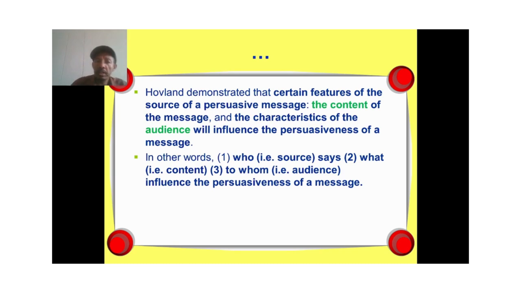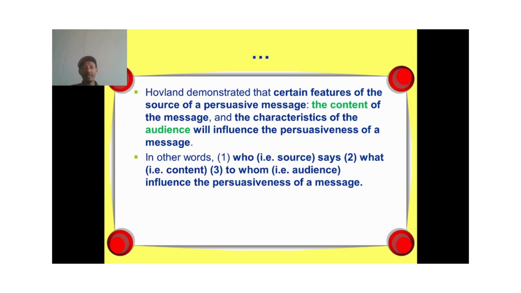So Hovland indicated that certain features of the source of a persuasive message, such as the content of the message, characteristics of the audience, for instance, intelligence, self-esteem, academic status of the audience, the target audience, and techniques, the strategies employed in the message, affect the persuasiveness of the message.